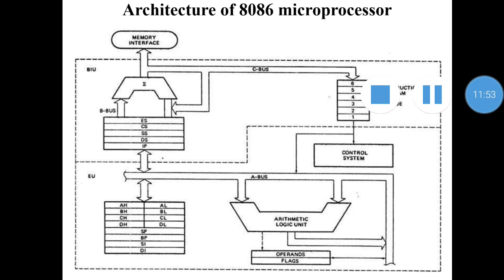Now there are a number of registers in this architecture, such as general purpose registers, flag register, pointer and index registers. Again there is a stack register, instruction pointer, and queue. All these registers I will explain in the next video.